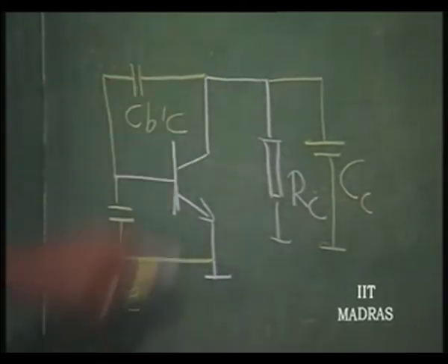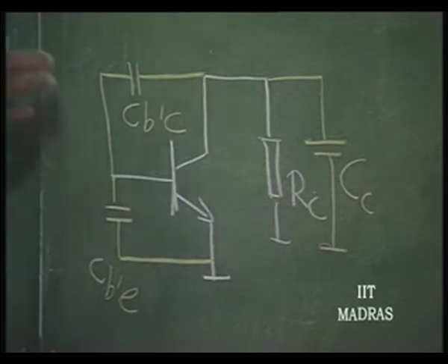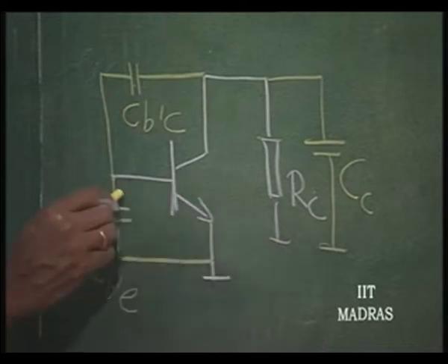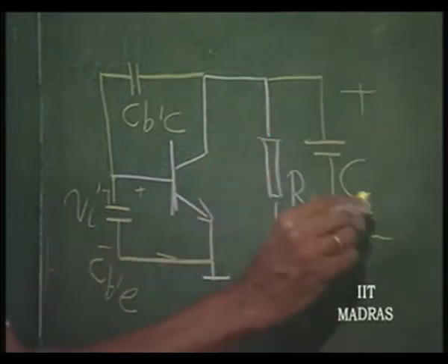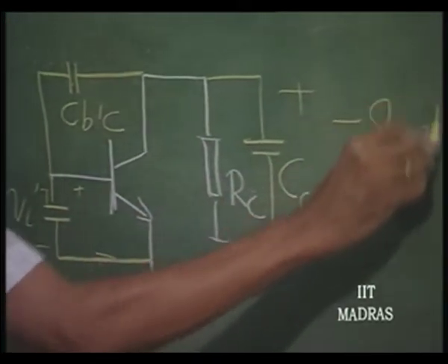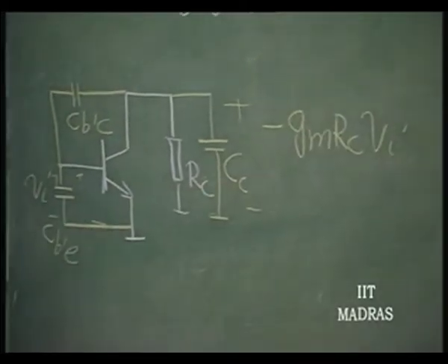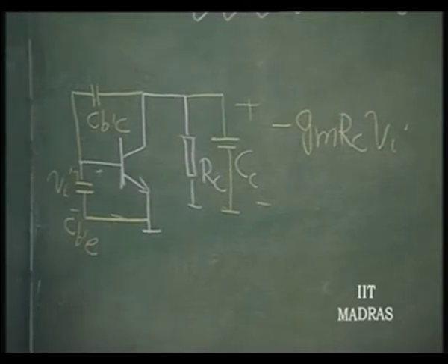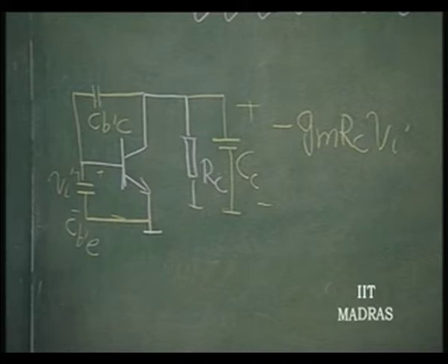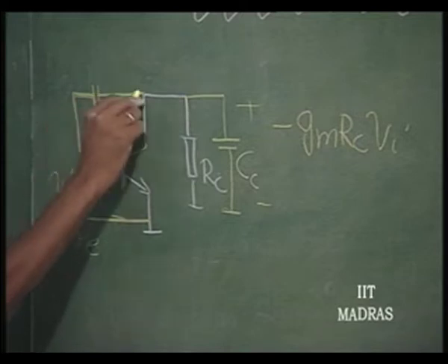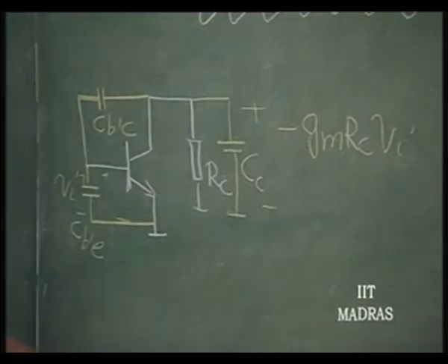What happens in this case is that I can convert this configuration into approximately a configuration with 2 time constants. This particular amplifier has a gain: if this is V I, this output voltage is going to be minus G M R C into V I. This we have done earlier. G M is equal to 1 over r e, and r e is equal to V T by I E Q. So, this capacitor now appears at the input as a larger capacitor.